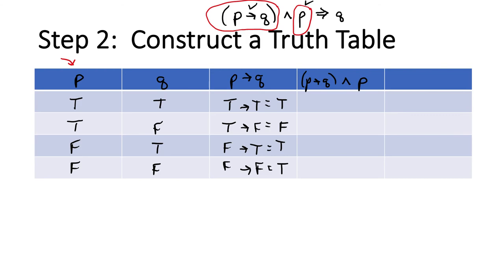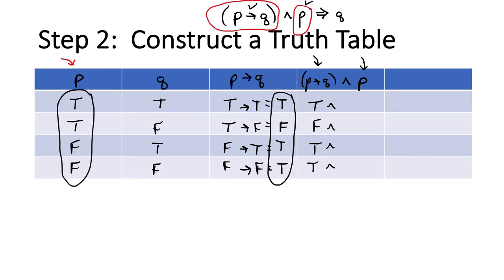So I'm going to start by copying the answers that I got when I did P arrow Q. So that's going to be copying these answers. So true, false, true, true. I'm going to put my and symbol in. Then I need to copy the P answers. So those are over here. So true, true, false, false.